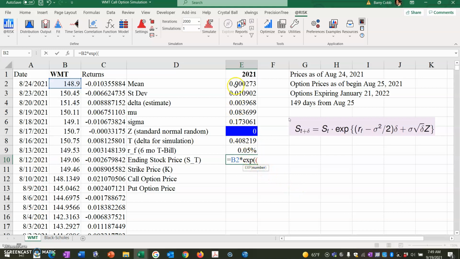And instead of using the mu hat for the stock, in this case, since we're dealing with options, we're going to use the risk-free rate minus sigma squared divided by 2, and then times the delta for the simulation, which is also the time to expiration for the options, plus sigma, which is the volatility, times the square root of delta for the simulation, times Z. And that should give us the ending stock price that we'll simulate.